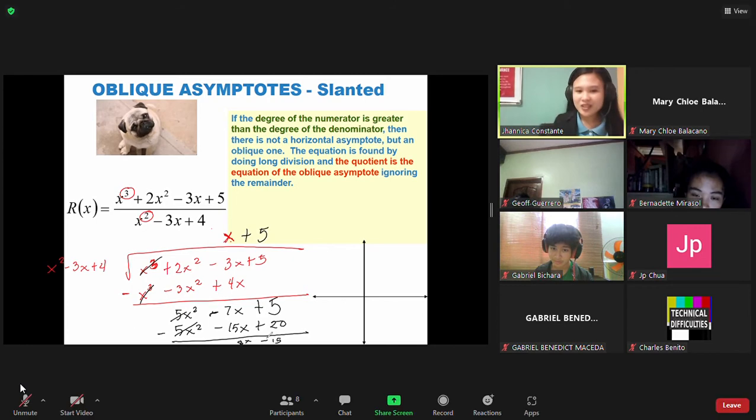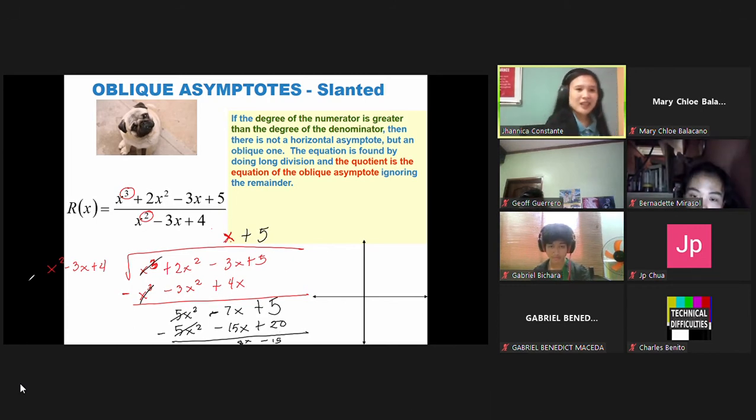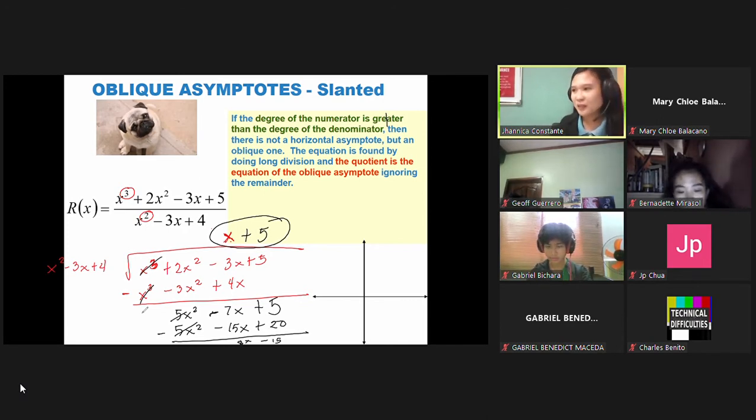So that is the remainder that we will have if we divide x cubed plus 2x squared minus 3x plus 5 by x squared minus 3x plus 4. But your oblique asymptote will be your x plus 5 only, not including the remainder when you divide the numerator by the denominator.